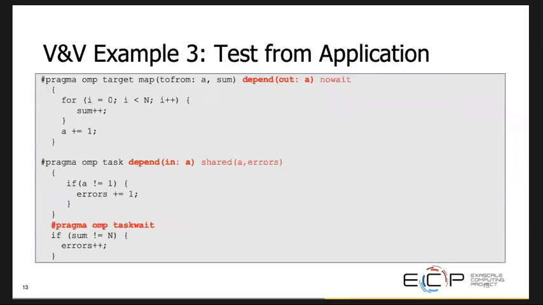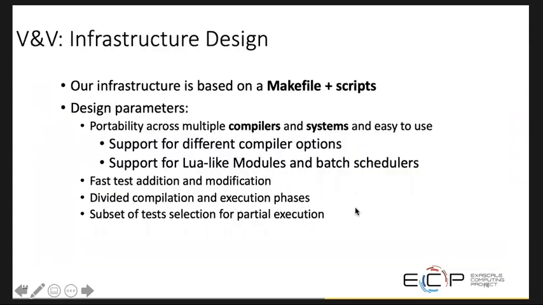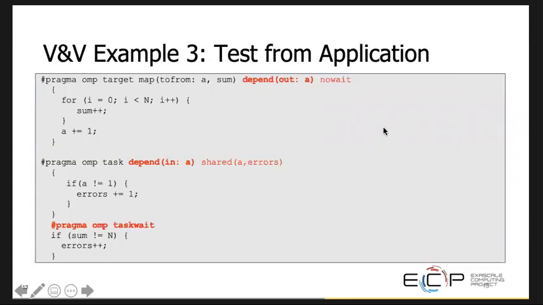So a third test that we took from an application. The application is many, many thousands of lines, but this is a simple code snippet which basically checks if the nowait functionality on the implicit task works.